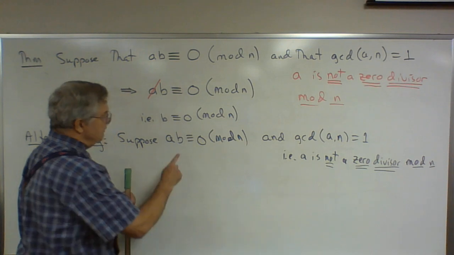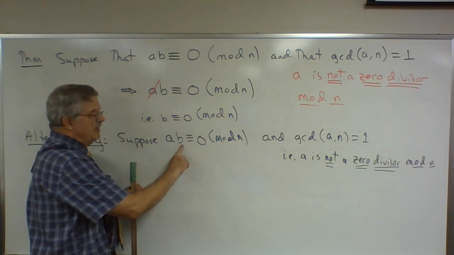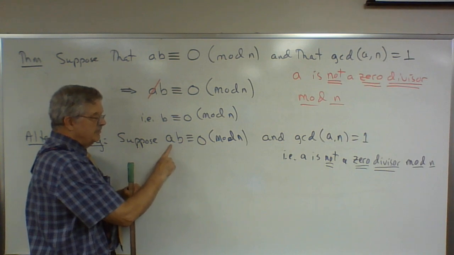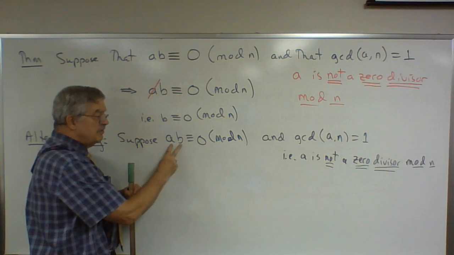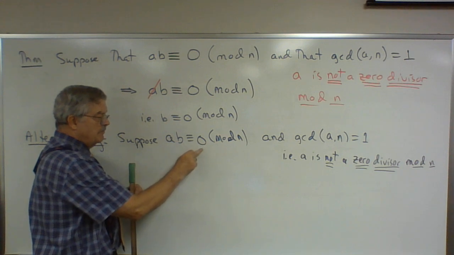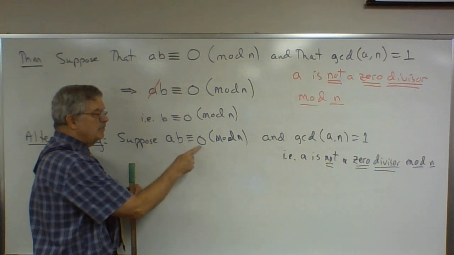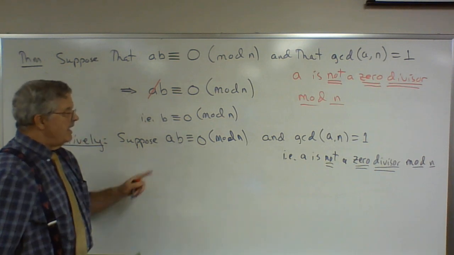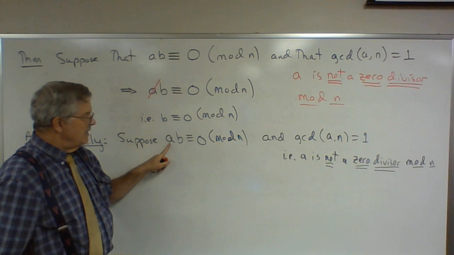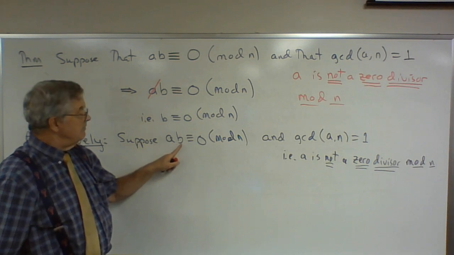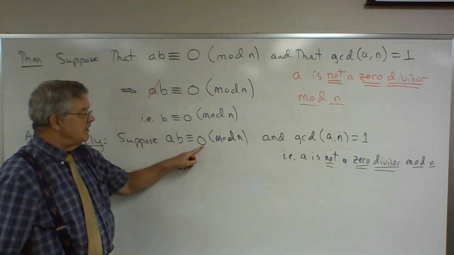The only way that we could multiply B by some non-zero number to get 0 is if A were another 0 divisor. The product of two 0 divisors will give us 0, but a non-zero divisor times a 0 divisor won't give us 0. A is not a 0 divisor. So no matter what B is, other than 0 itself, A times B is not going to give us 0.